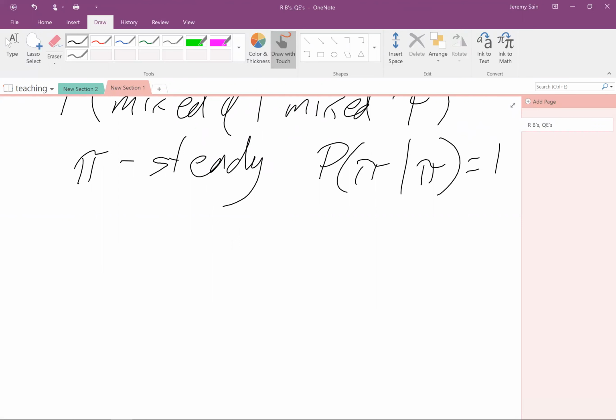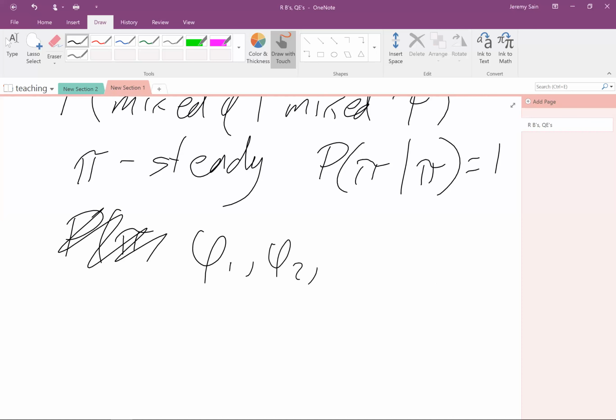Anyway, basically what's going to happen is if I start in any state, pure or mixed or whatever, so phi1, and I just kind of go down the progression, it's going to converge to the steady state.